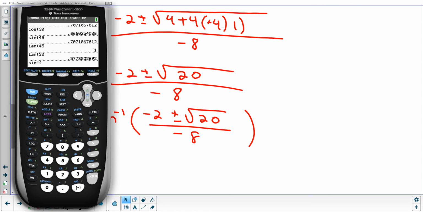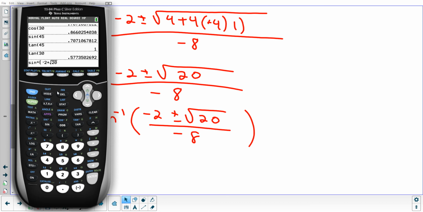Okay, so let's just plug it all in the way it is, and that might even be less to plug in if we reduced it. I don't know, I'd have to see what happens. So -2 plus the square root of 20. And we need to be careful with parentheses.